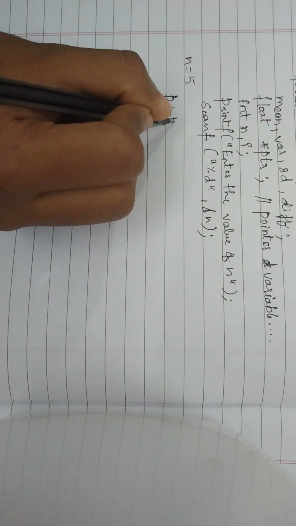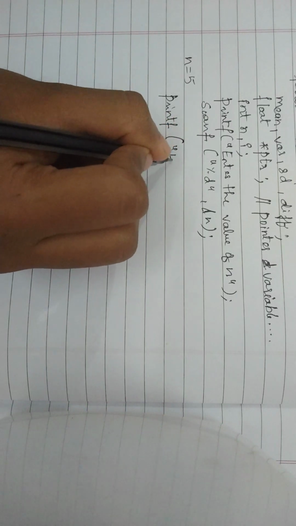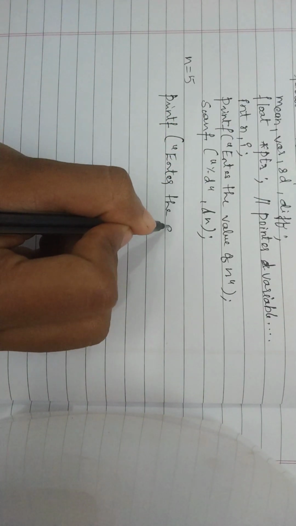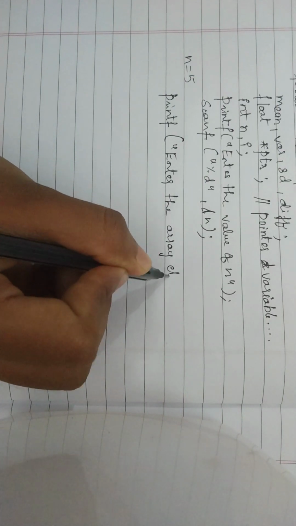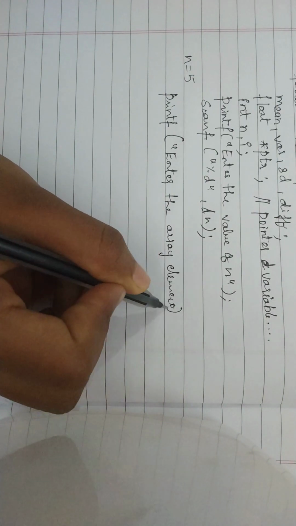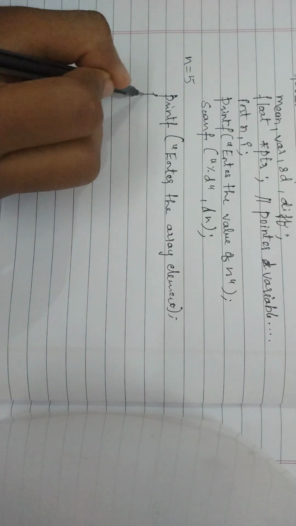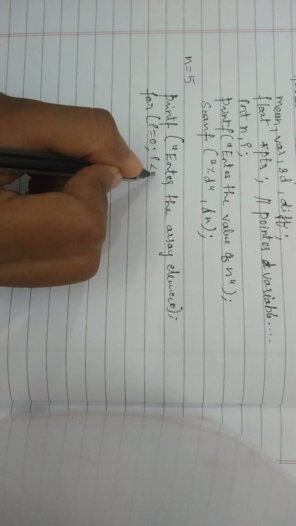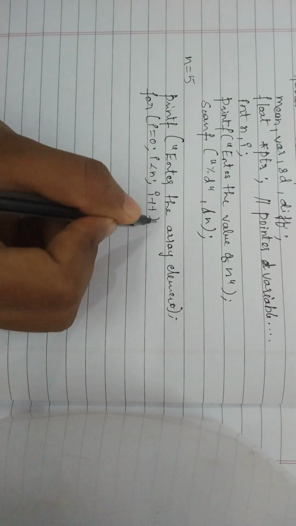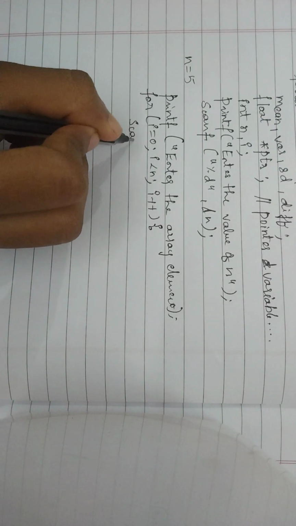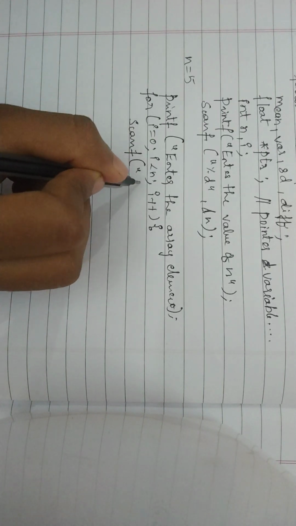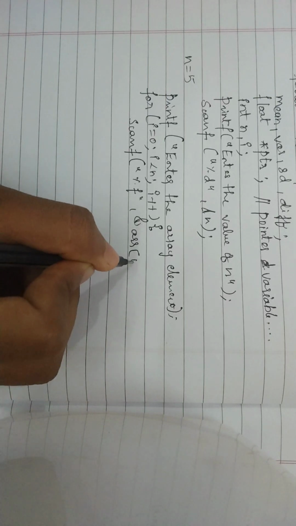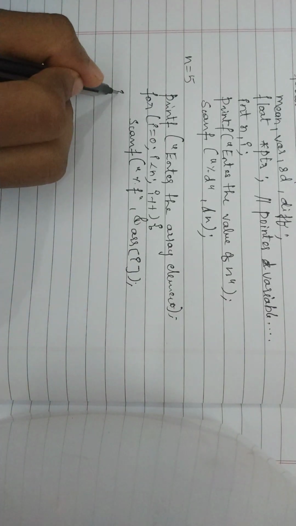So printf, enter the array elements, one after the other. For i is equal to 0, i less than n, i plus plus, scanf %f comma &arr[i].